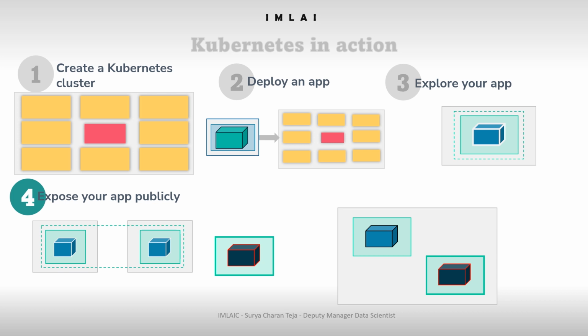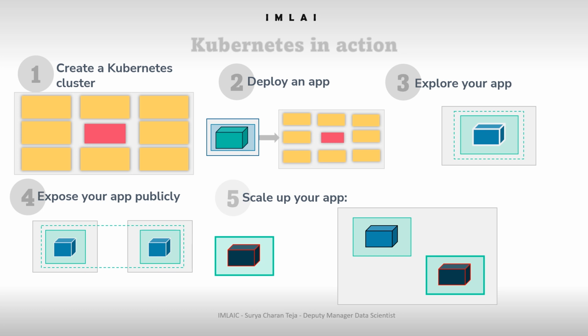A service in Kubernetes is an abstraction. A service object in Kubernetes is an abstraction which defines a logical set of pods and a policy by which to access them.